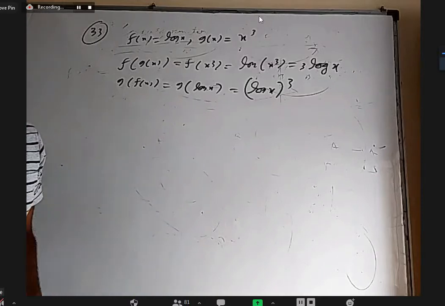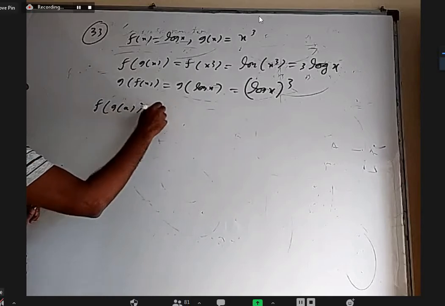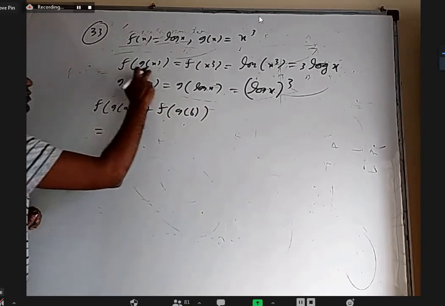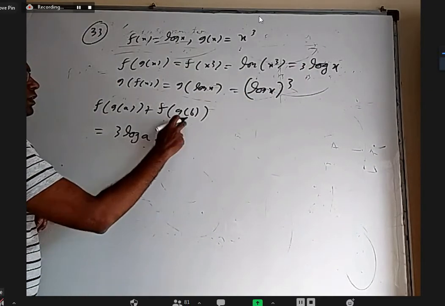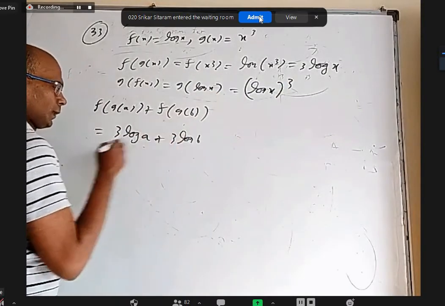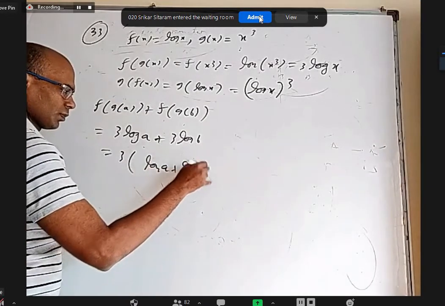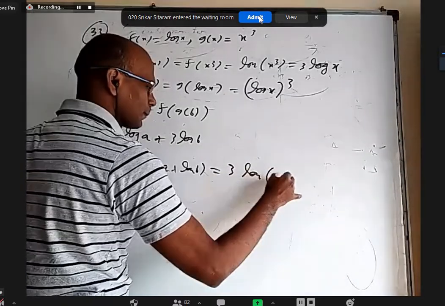Now they want f of g of a plus f of g of b. What is f of g of a here? 3 log a. And f of g of b, wherever x is there, put b, you'll get 3 log b. If we take 3 common, we'll get log a plus log b, and in logarithms we know it is log of ab.